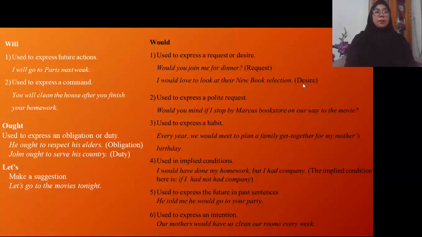The next one is will and would. "Will" expresses a future action and a commitment. Meanwhile, "would" expresses a request or desire, "would like" requests, habit, implied condition, future in the past, and an intention.